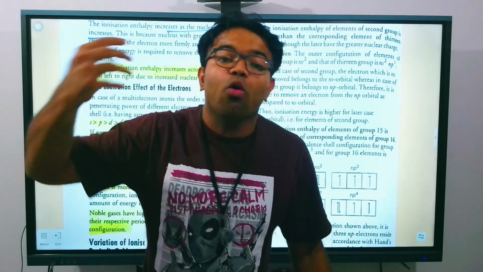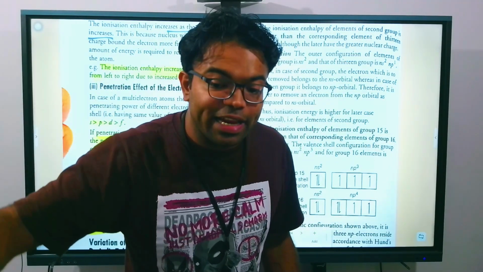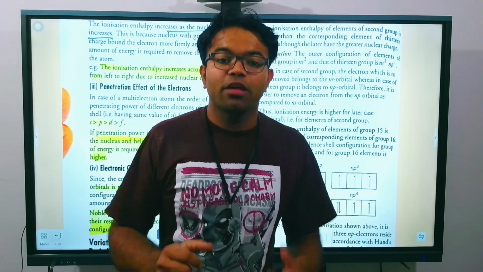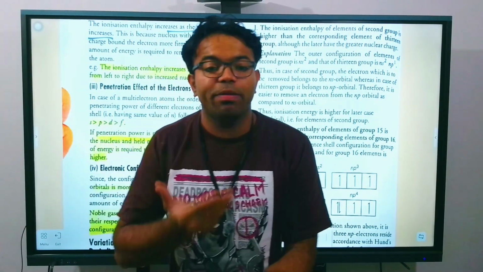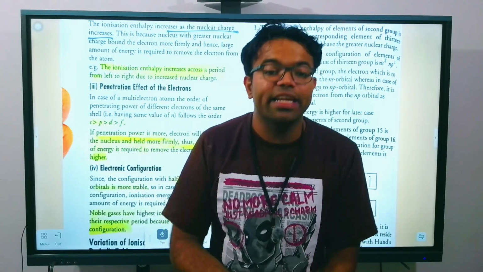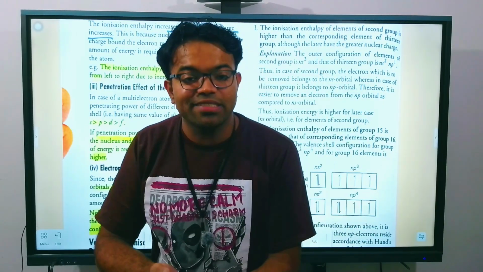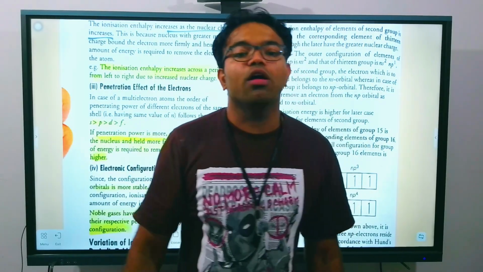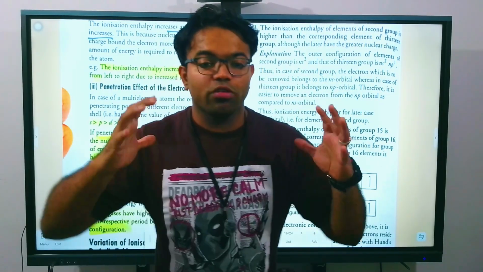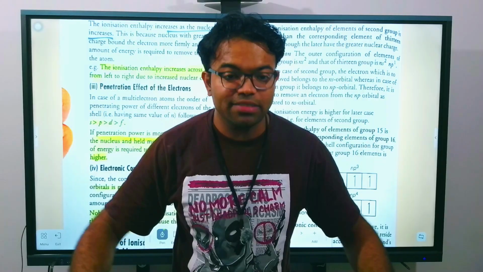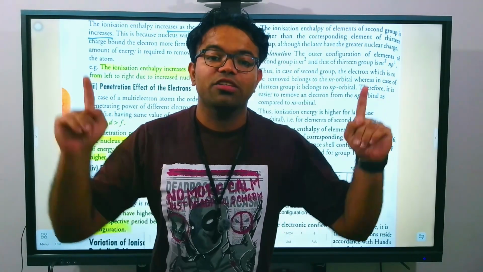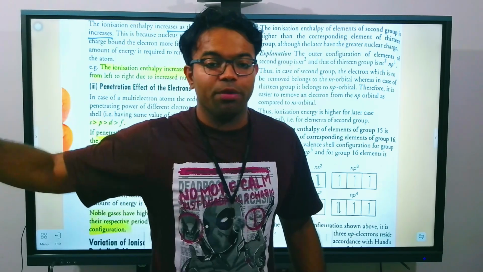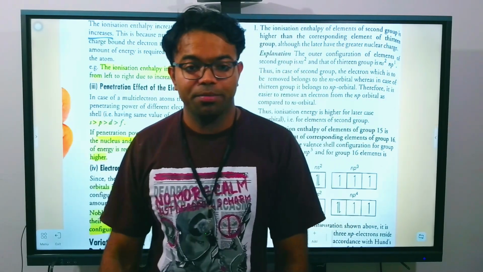You will require more energy for an electron to be removed from the outermost shell. So the ionization enthalpy would indirectly increase because of the lesser distance and the lower potential energy as you go from left all the way to the right. So the ionization enthalpy increases as the effective nuclear charge increases, and this can be visually seen when we move from left to right. Understood?